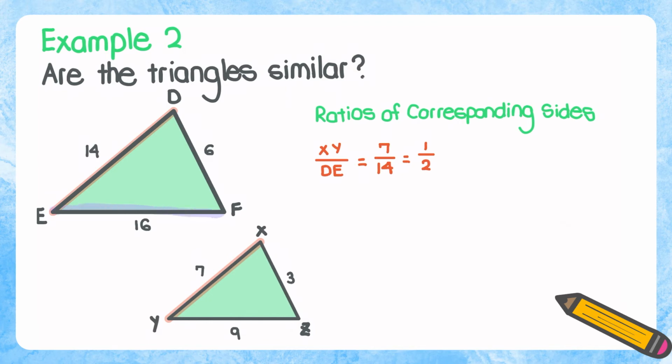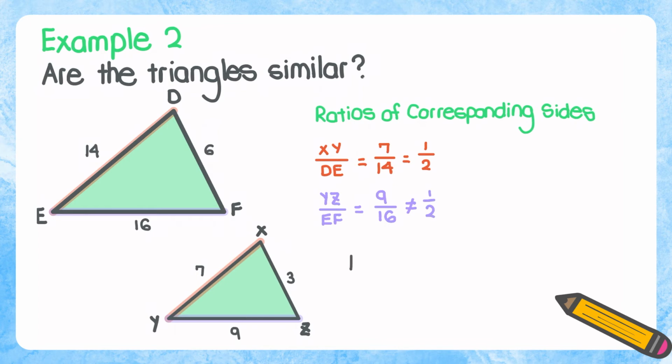Up next, we have another pair, side EF and side YZ. So let's find the ratio, YZ over EF. That's 9 over 16, which is not equal to 1/2.